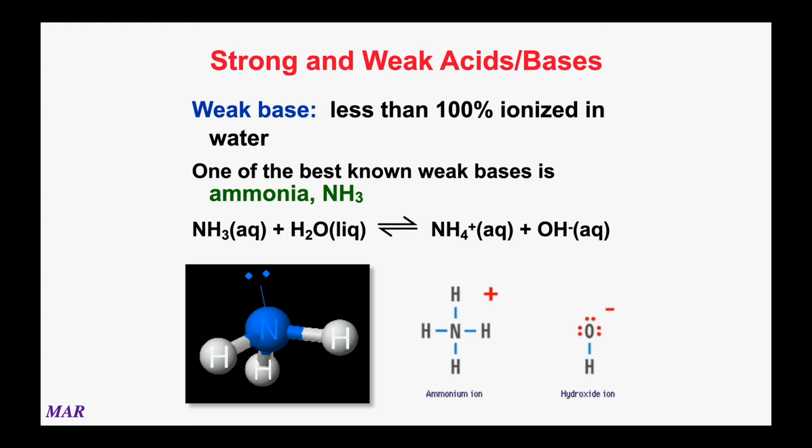Remember that ammonia is NH3 and ammonium is NH4+. And the difference between those is the addition of an H plus to it. So when ammonia is in water, it makes ammonium and hydroxide. The presence of hydroxide is enough then to make this system somewhat basic. Again, there's literally thousands of weak bases.